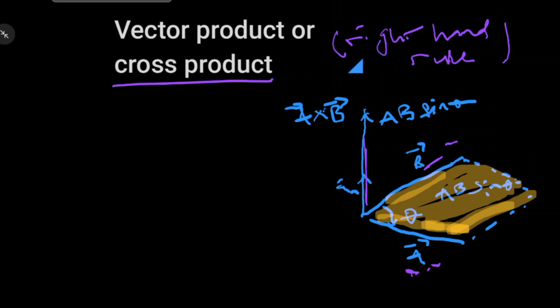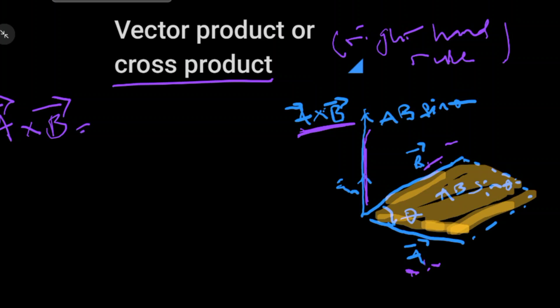So the product of this and this is this. Our new result is now a new vector. So now we have a vector A and we're doing a cross product with vector B.